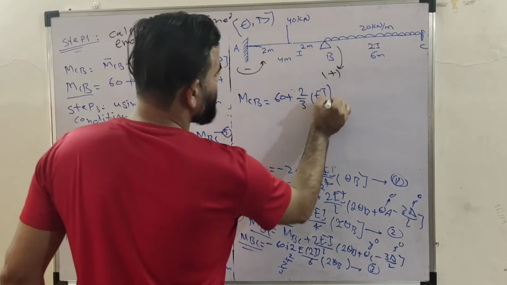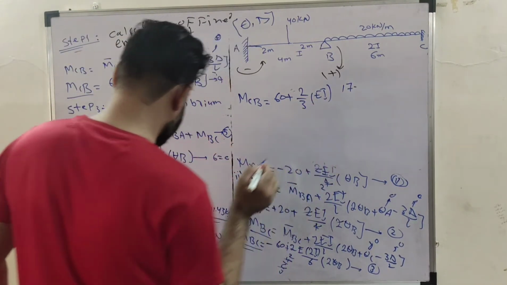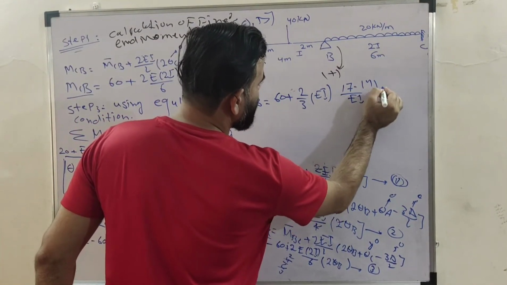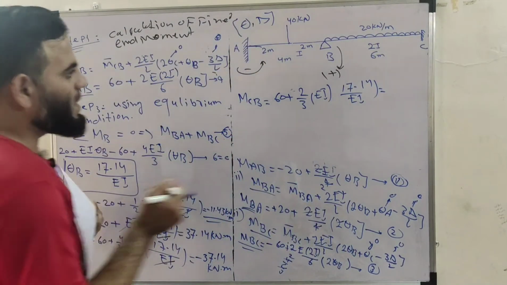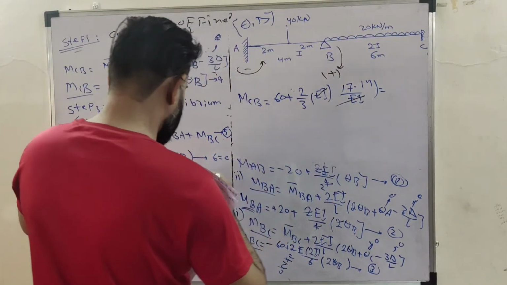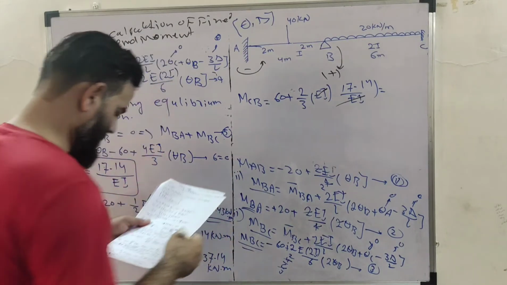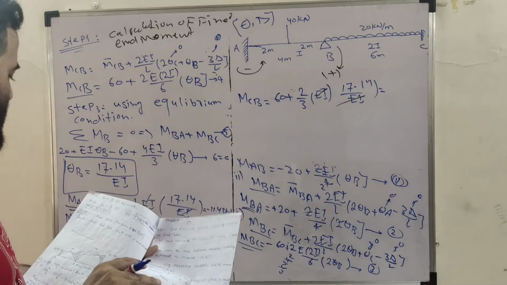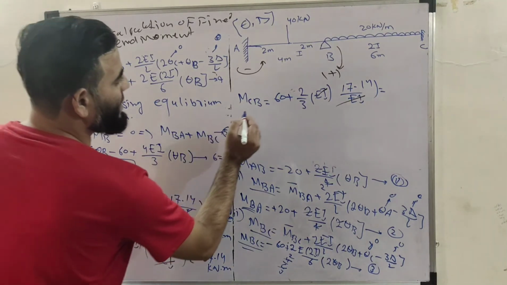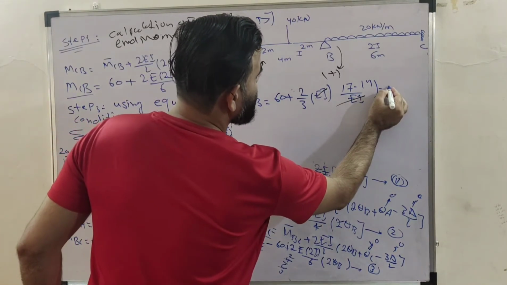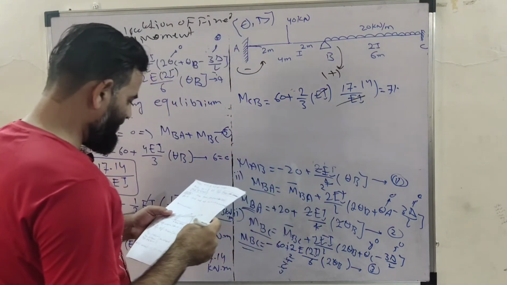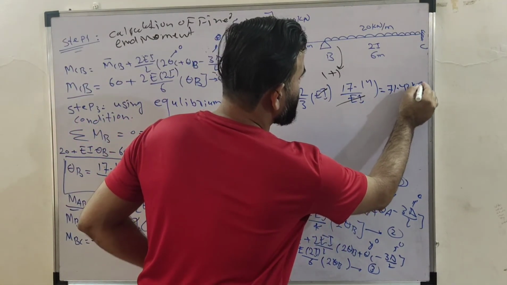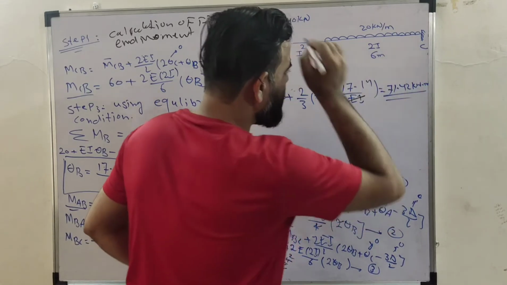We will substitute theta B as 17.14 by EI. EI cancels. What is the final value of CB? The final value of CB is equal to 71.42 kilonewton meter. This is the value of CB.